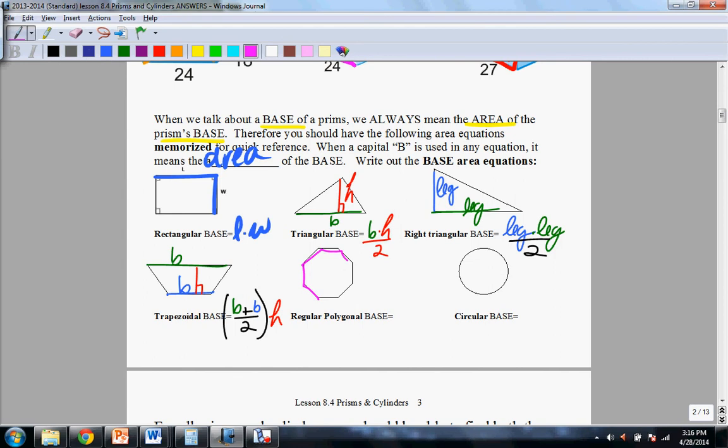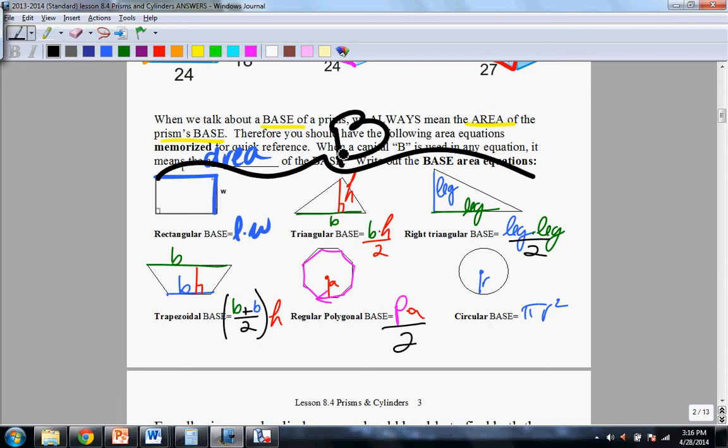Regular polygon is perimeter times the apothem over 2. And of course, a circle is going to be pi r squared. So whenever you see a capital B in any of our equations, it can mean any one of these.